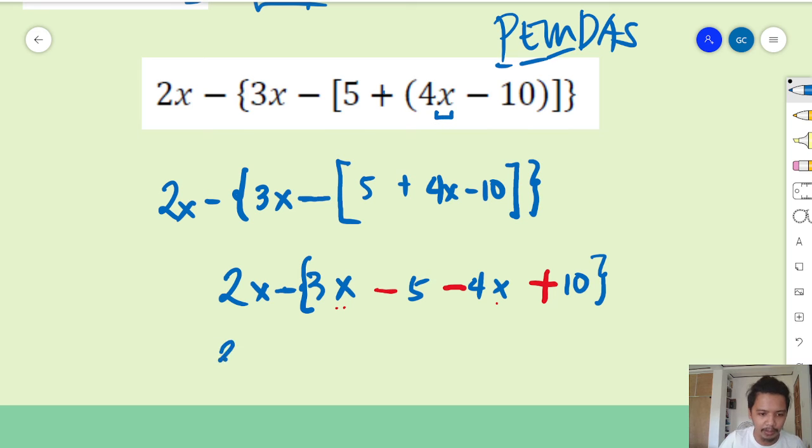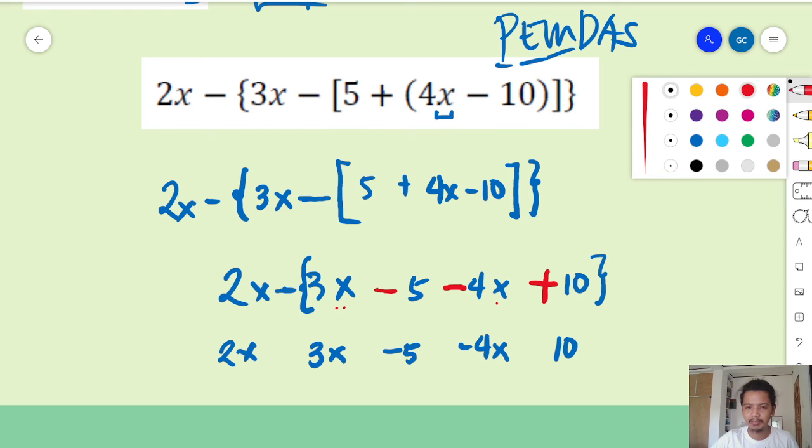So, retain mo yung 2x, okay? Then, isulat mo lang ulit yung mga numbers mo habang tatanggalin mo na yung bracket. So, magkakaroon ka dyan ng 3. Huwag kakalimutan yung negative. I-write yung negative 5. I-write yung negative 4x. Pwede nyo isulat yung 10 as is. Tapos, babalik na rin yung signs.